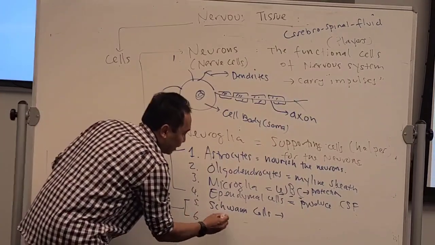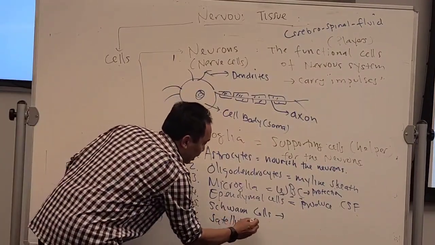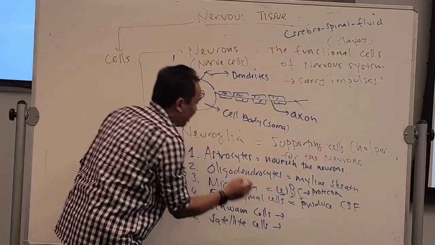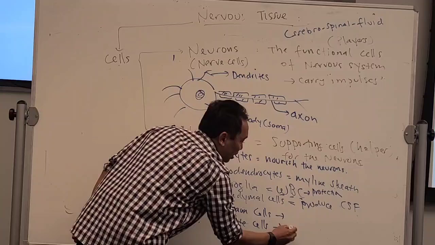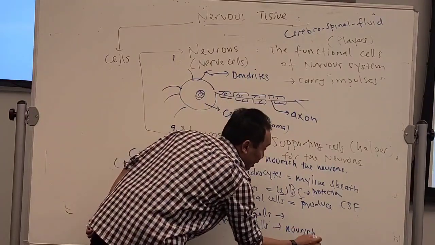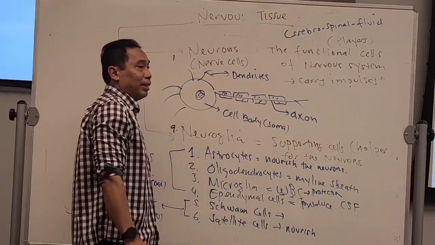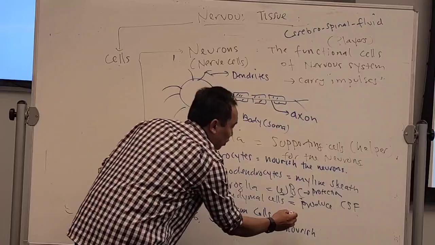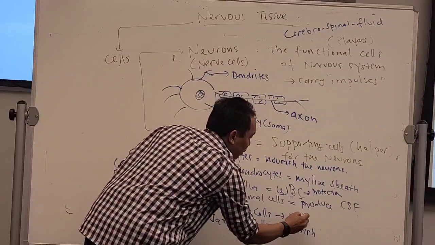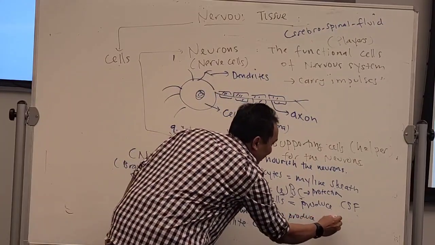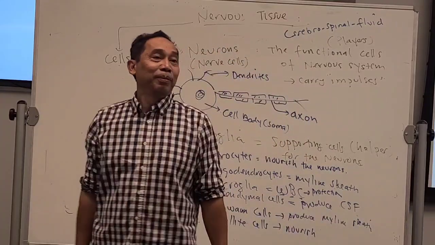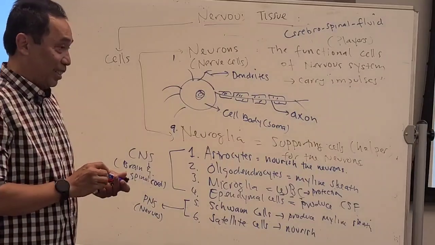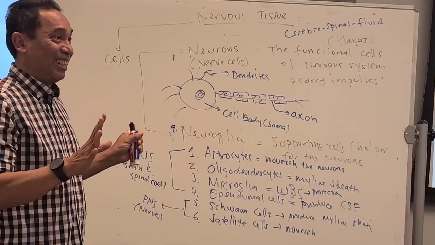And the satellite cell has the same function as the astrocyte. It nourishes the neurons in the PNS. The Schwann cell produces myelin sheath. You got it, right? Okay.